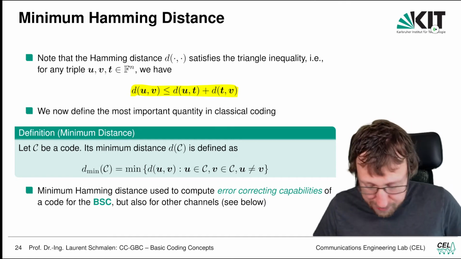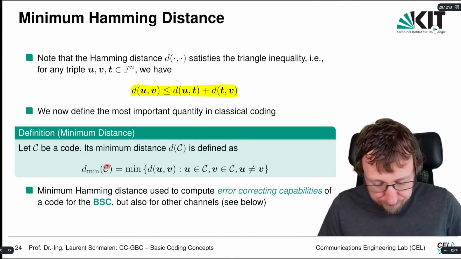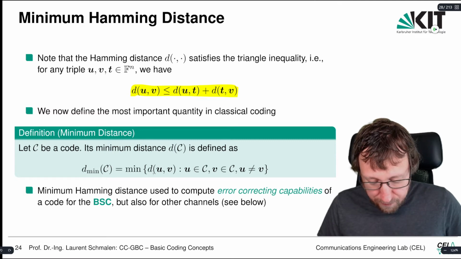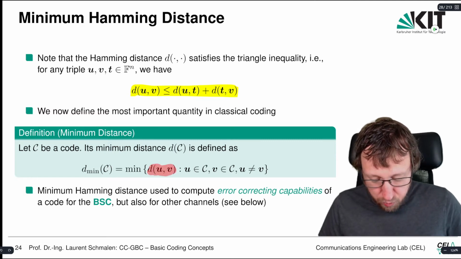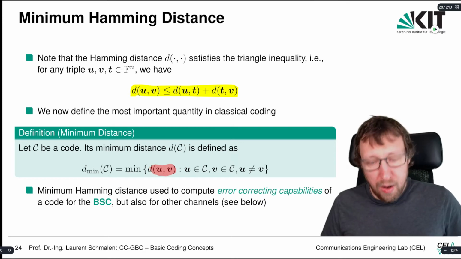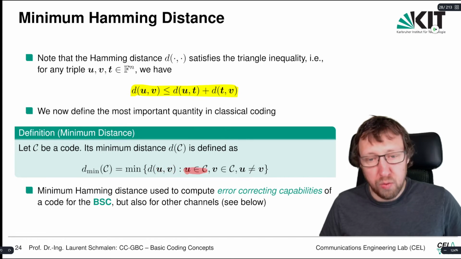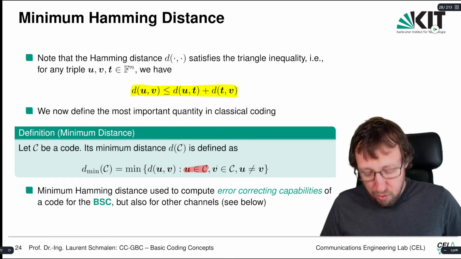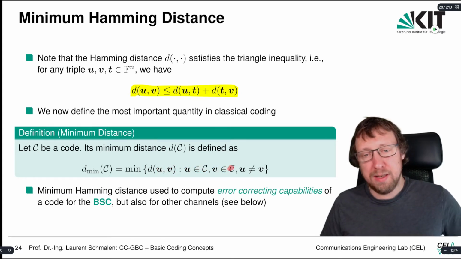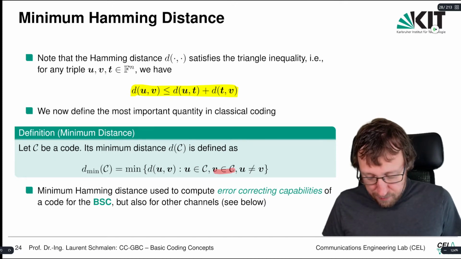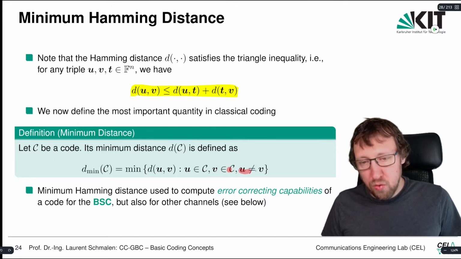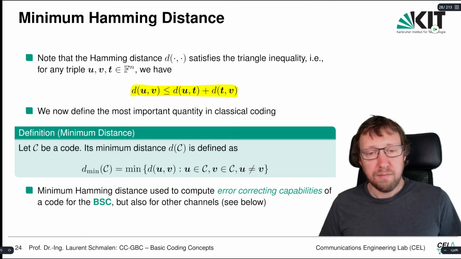So the minimum distance of a code C is the minimum of the Hamming distance between U and V, where we calculate this Hamming distance for all combinations of code words U and V, such that U is different from V.